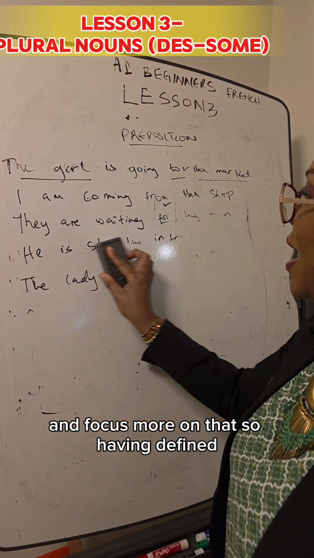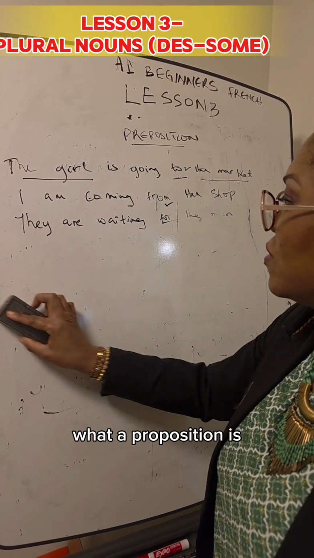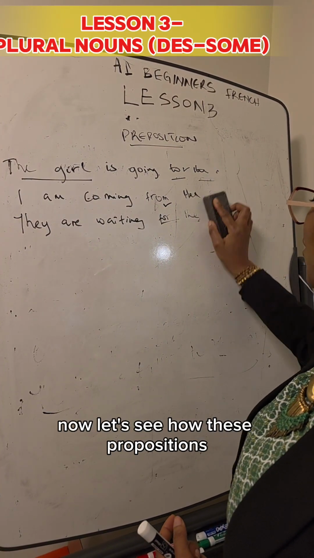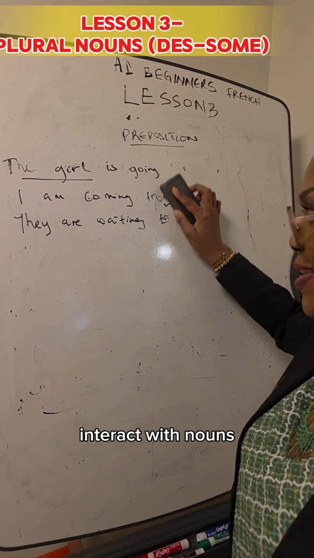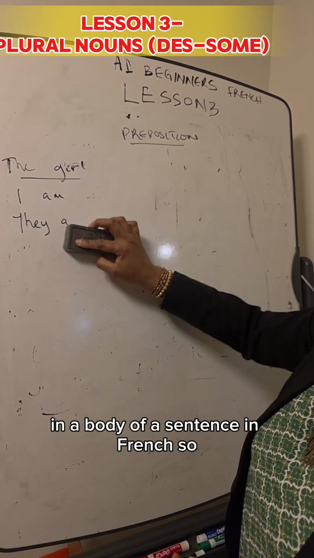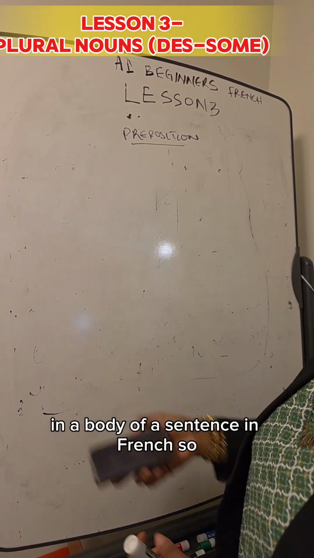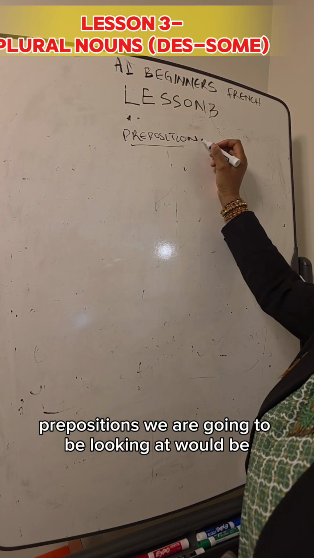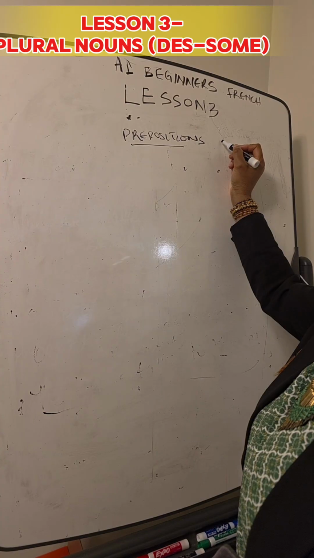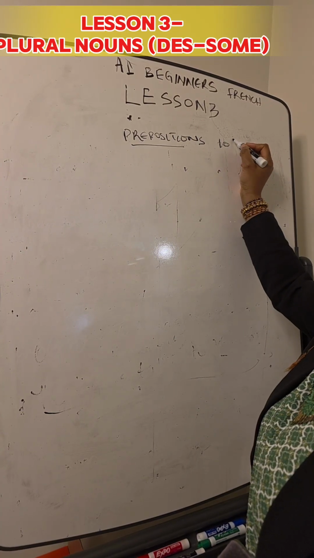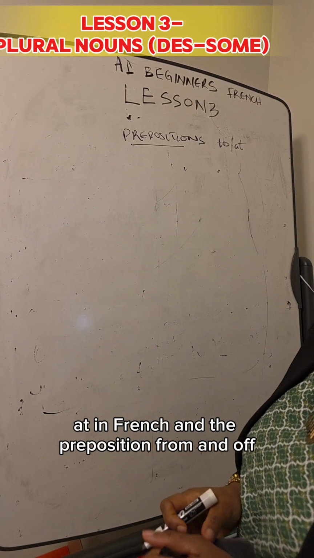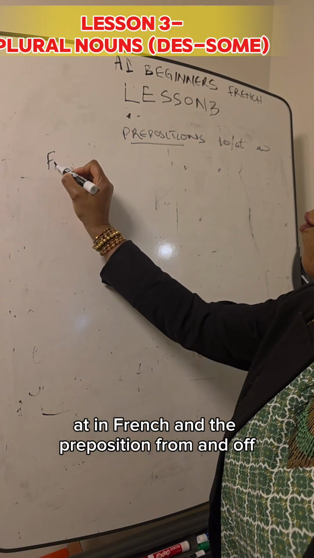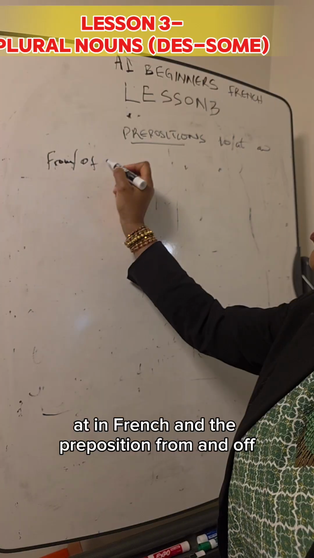So having defined what a preposition is, now let's see how these prepositions interact with nouns in the body of a sentence in French. The main prepositions we're going to be looking at are the preposition to, à in French, and the preposition from and of, de.